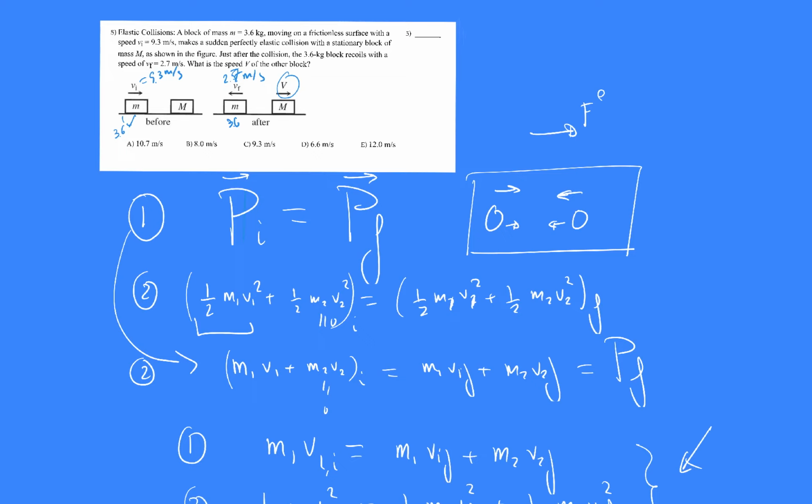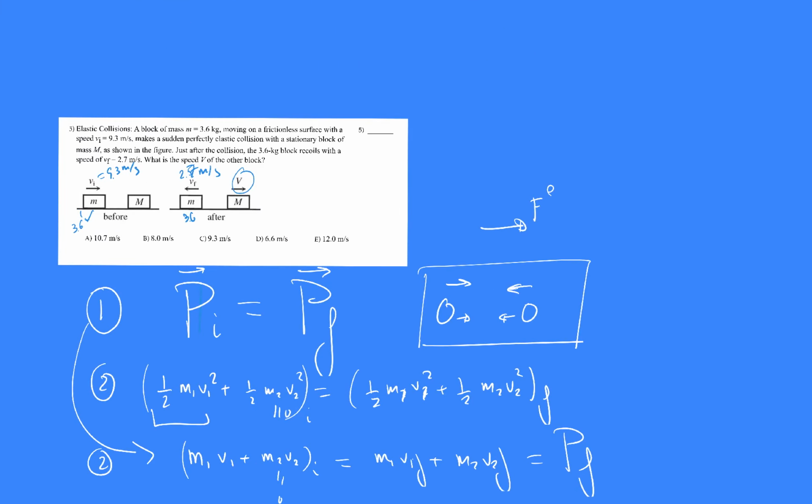Just after the collision, the 3.6 kilogram block recoils with 2.7. It doesn't say the mass of the other one. What is the speed v of the other block?